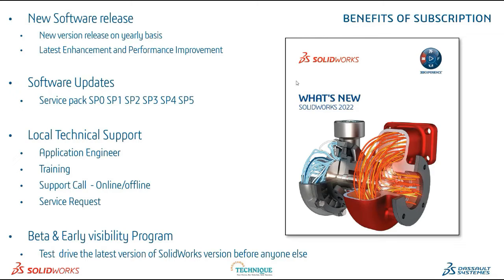They will give you a chance to work on that software and give your crucial feedback to SolidWorks, so accordingly they can modify the software. If you find any bug, you can also submit that bug, and they will definitely work on that. That type of privilege you will also get during the subscription period.